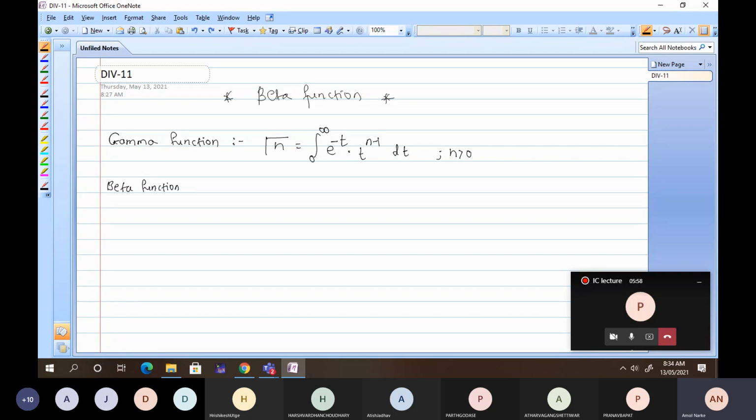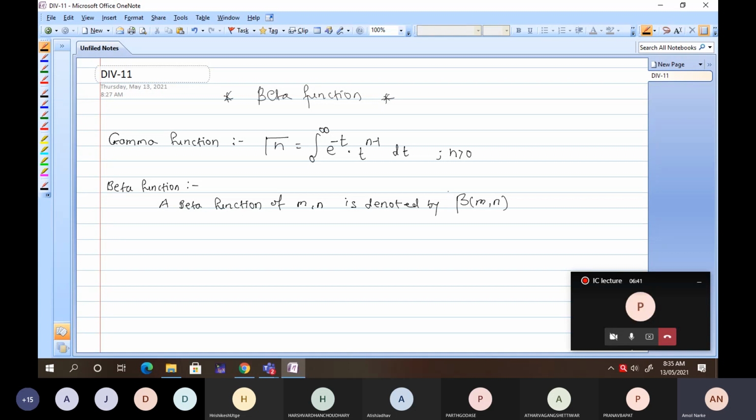So how can one define the beta function? Definition: let m and n be such that the beta function of m comma n is denoted by beta of m comma n.